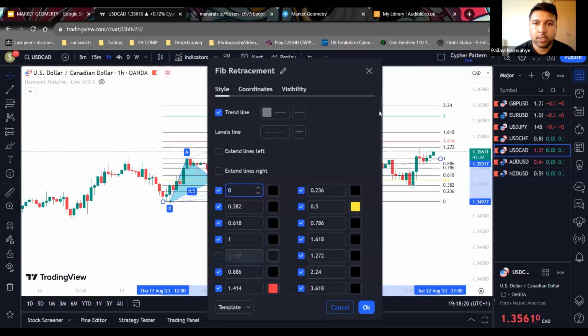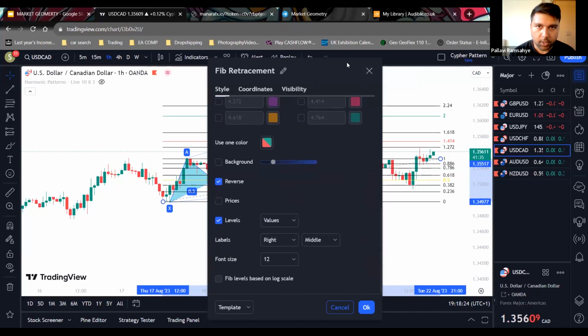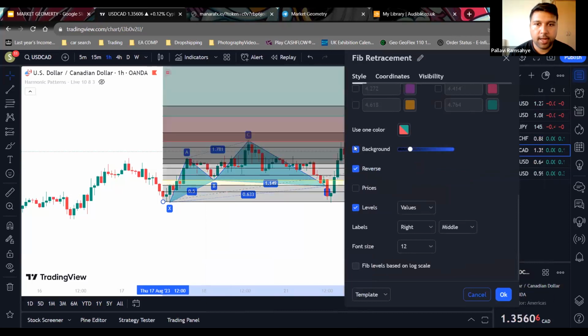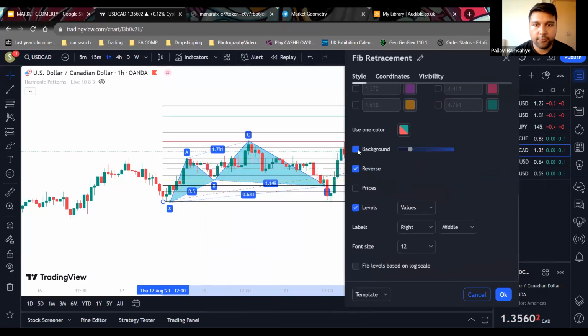right here. Okay, so it's very simple the way this works. Let me move this so you can see. So let's start with background. So I have the background colors off. For me, it just keeps everything simple. So I can see the graph and I can see where price points are.